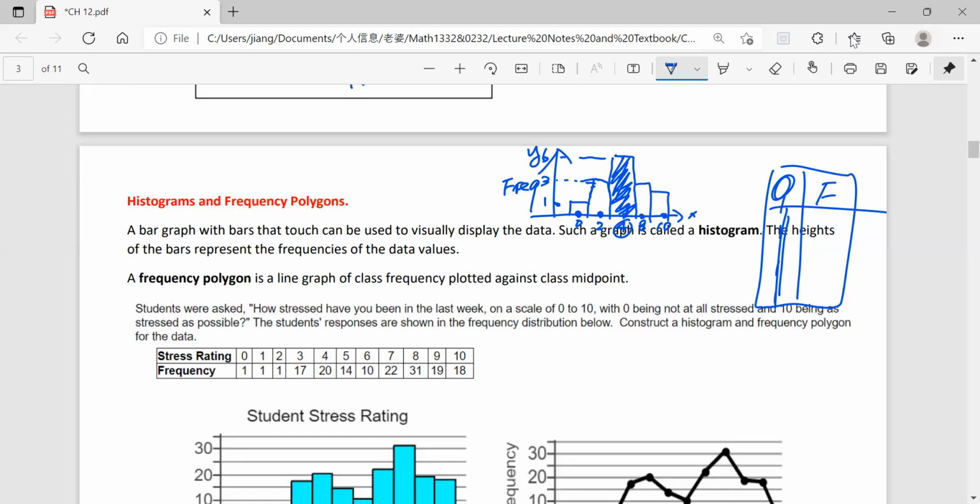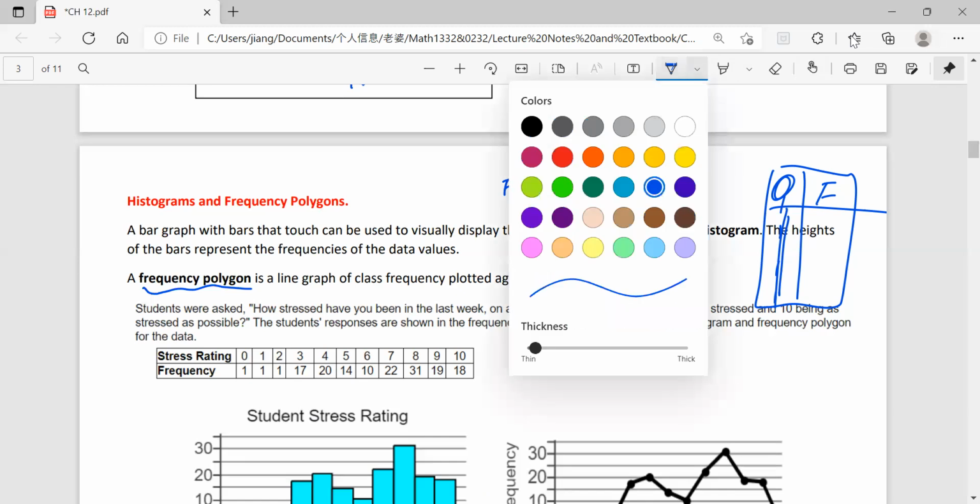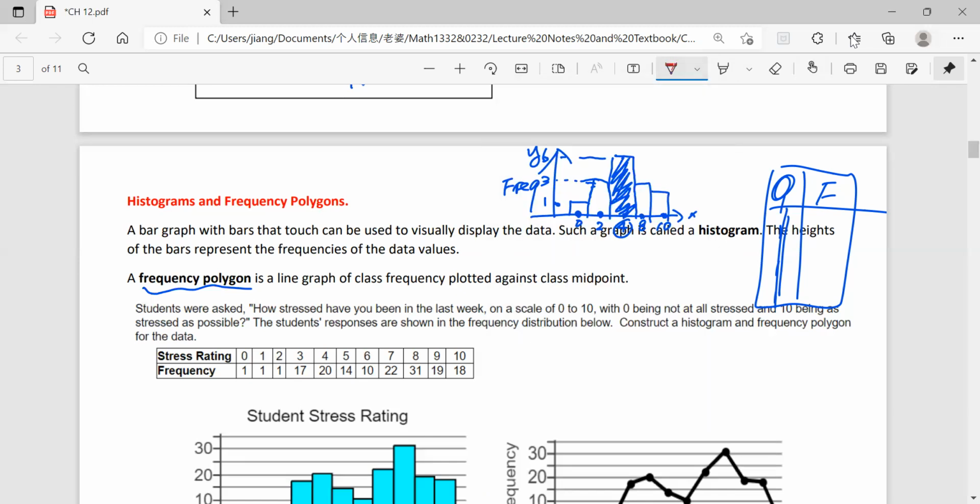Okay, let's see, what is a frequency polygon? A frequency polygon is the line graph of class frequency plotted against the class midpoint. That means if I have a histogram, I use another color, red, and mark the top of each bar at the midpoint of each bar, and then I line them up.